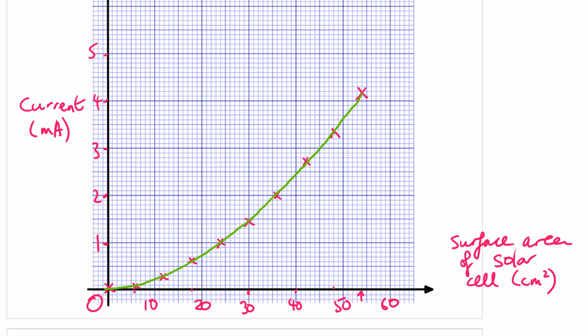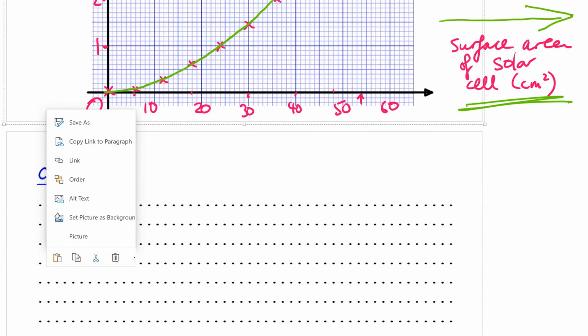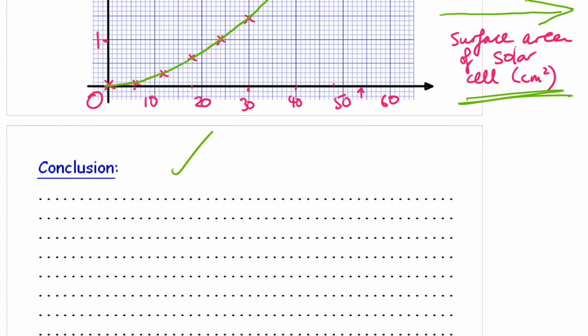Can we say that as we increase the surface area of the solar cell in centimetres squared, we also increase the current reading in milliamps? That's your conclusion. Why does that occur?